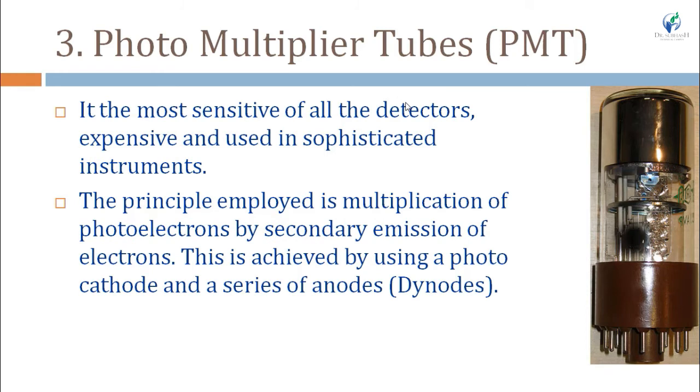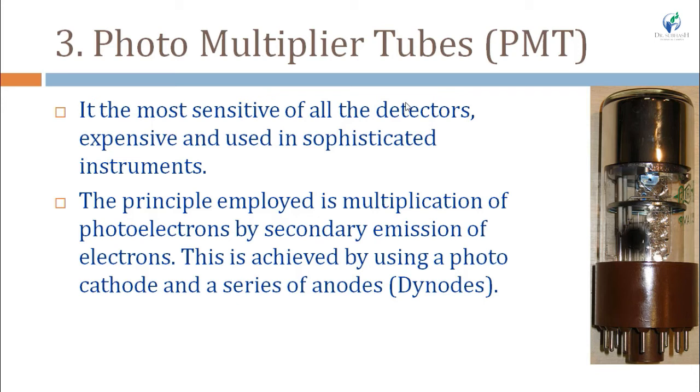Third, and the most important, most widely used, most accurate and most sensitive detector is the photomultiplier tube, in short known as PMT. They are the most sensitive of all the detectors, expensive, and because of that they can be used in sophisticated instruments like the UV visible spectrophotometer.